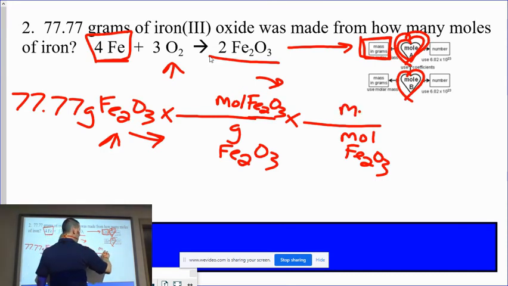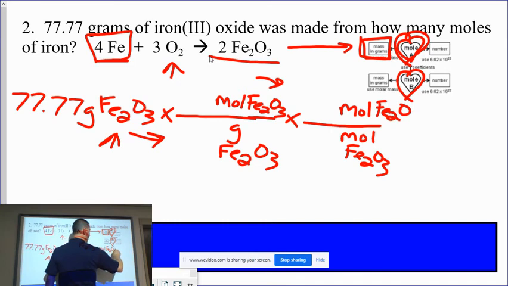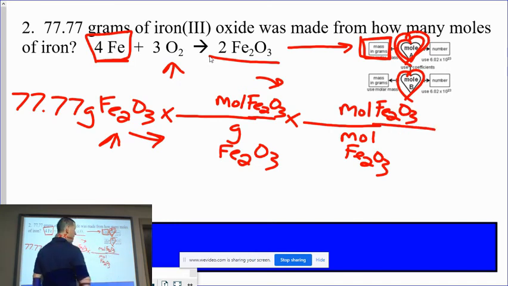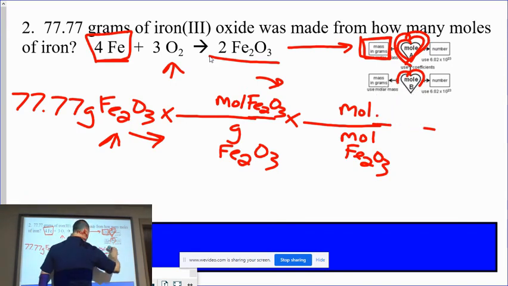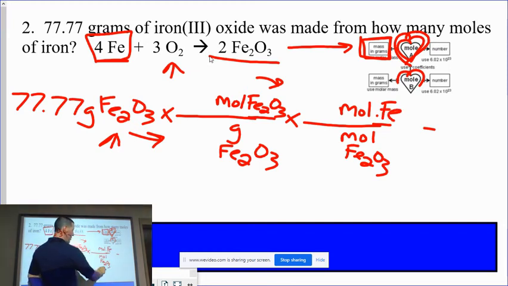So I can, in fact, go moles of Fe2O3. Excuse me, I screwed that up. Moles of iron. Sorry about that, folks. Moles of Fe. Now, in the last unit, we used subscripts to get our answer, but in this unit, we're going to use coefficients. And we'll come back to this step in a little bit.